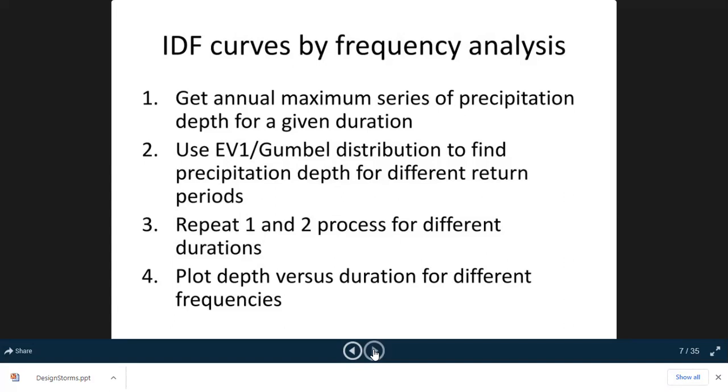Get the annual maximum series of precipitation depth for a given duration.